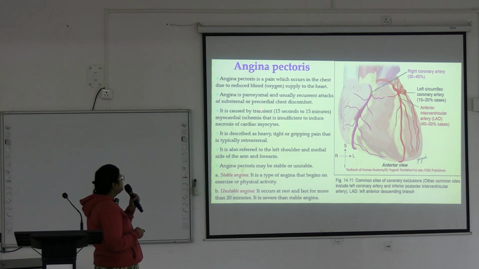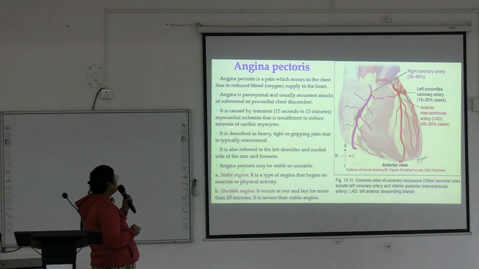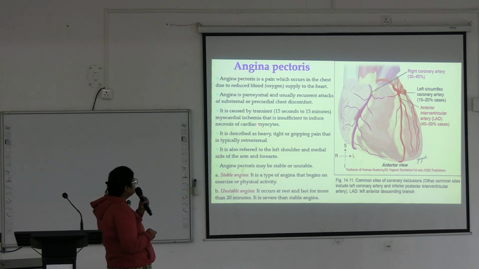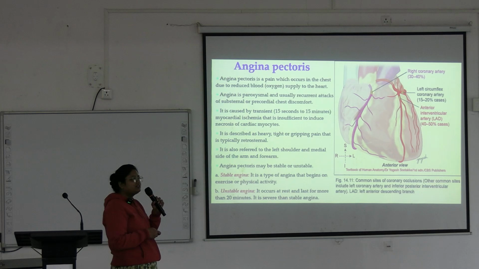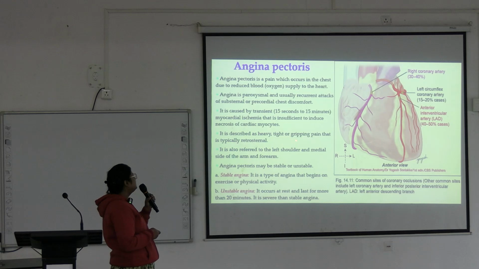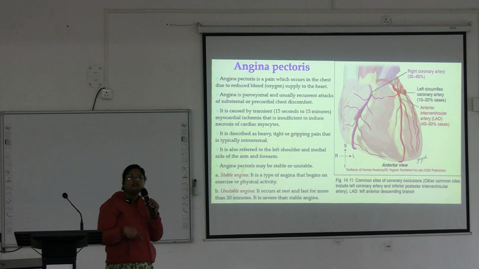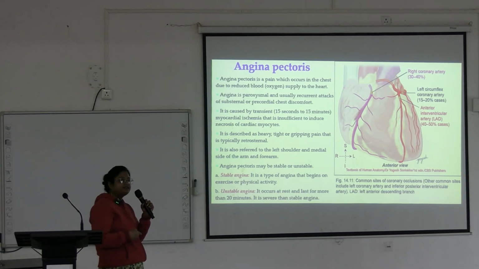It is caused by transient myocardial ischemia that is insufficient to induce necrosis of cardiac myocytes. Loss of blood supply is for very less time, 15 seconds to 15 minutes. It is described as heavy, tight or gripping pain that is typically retrosternal. Okay, heaviness in the chest. The patient will complain of heaviness in the chest.